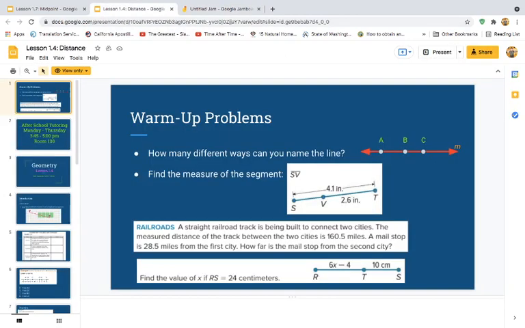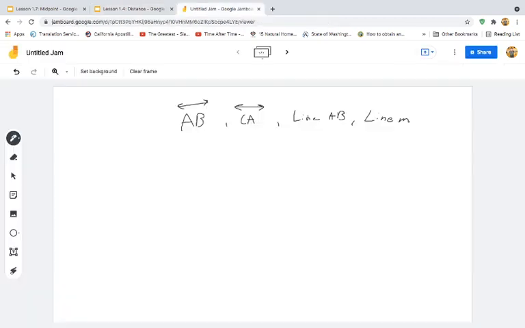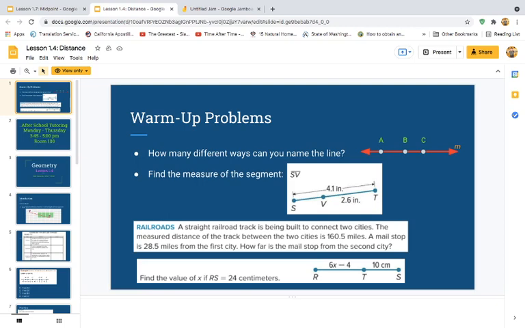Okay, so in total there's 7 ways to name this line, I believe. Should be line AB, BC, BA, CB, CA, and AC. Basically it's a combination of all 3 of those points, putting them together, that's 6, and then the 7th one should be the M.